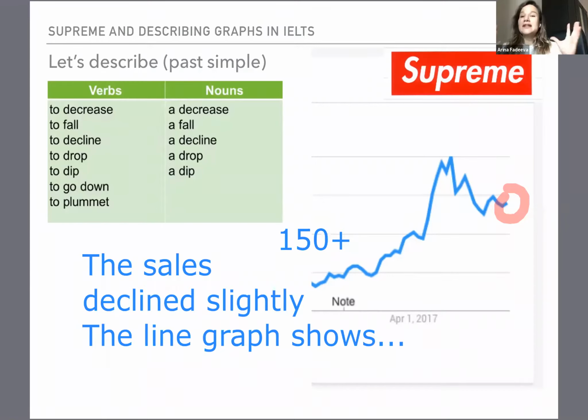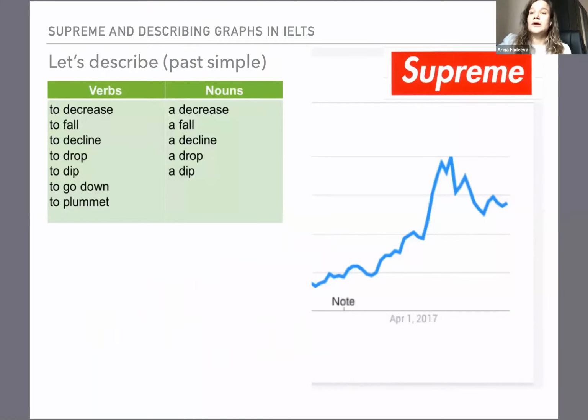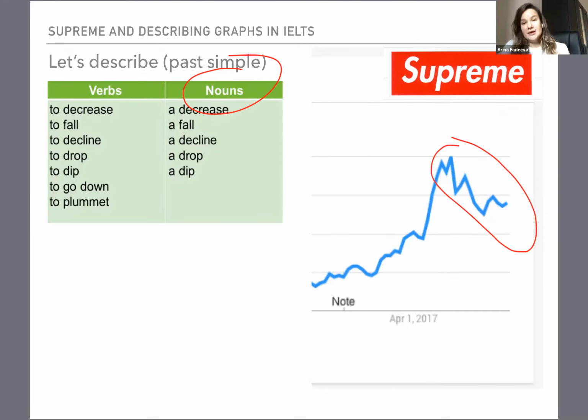And now, guys, let's try to make up a phrase with a noun. With nouns, remember that we can use adjectives. So what kind of decrease was that? We had the word slightly.